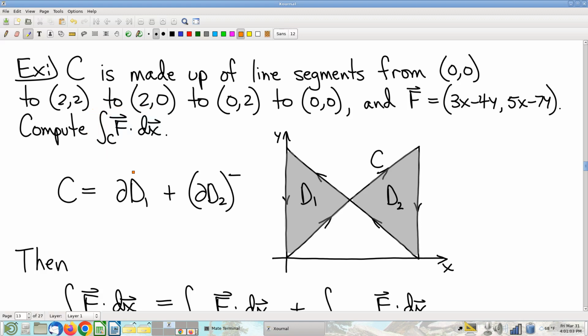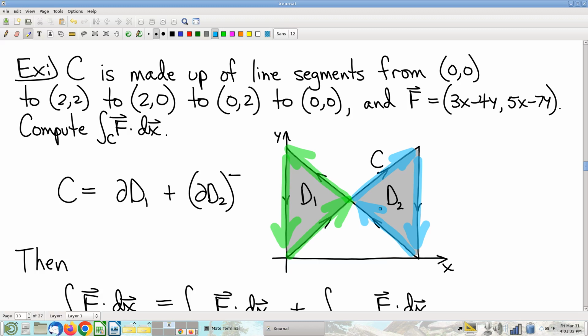Here's the clever move. The clever move is to break up our curve into 2 different curves. Think of it as this green curve plus this blue curve. That's all the same line segments altogether, but just grouped differently.